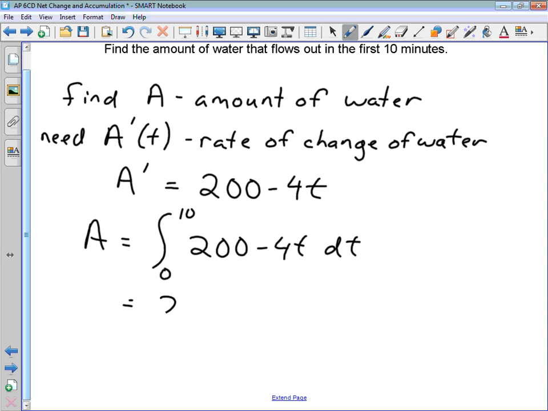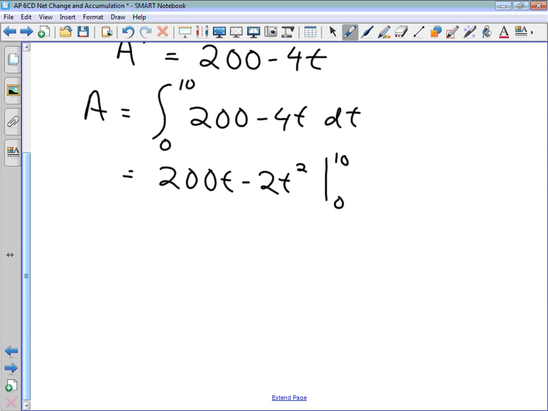Again, we can do this term by term. 200t minus 2t squared, and evaluate this from 0 to 10. This one's kind of nice because when we evaluate it at 0, we're just going to have 0. So we just evaluate this at 10. We get 2,000 minus 200, since 10 squared is 100 times 2 is 200.